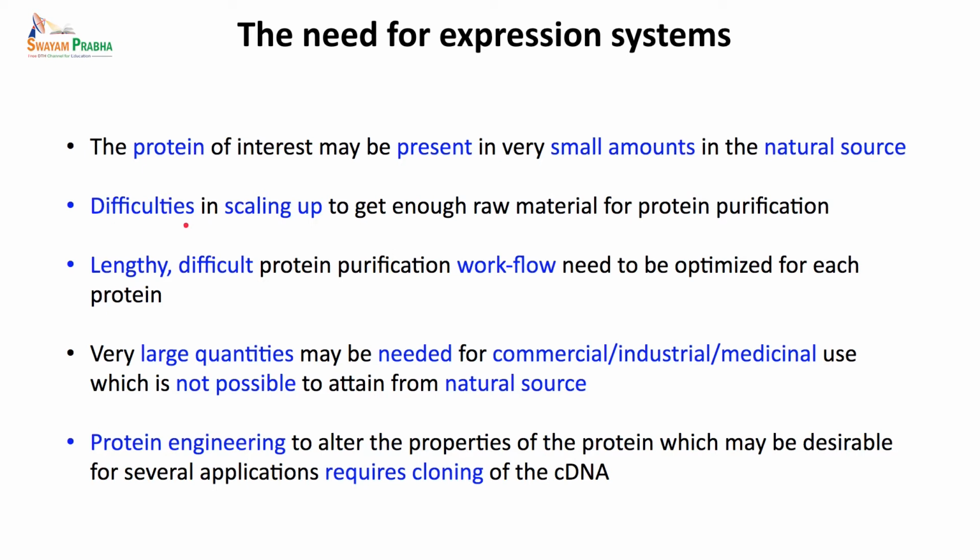Not only is it very expensive, but as you scale up, there are limitations as to how the culture will grow, how the oxygen will be supplied, and a number of other difficulties. So to get enough raw material, the scaling up might be very difficult for protein production.